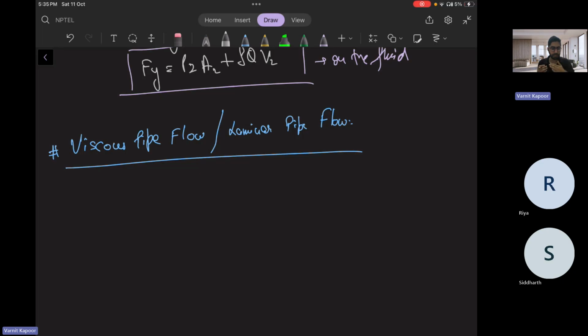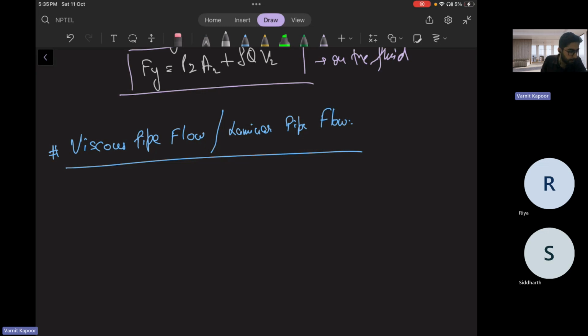There is negligible mixing between the layers in laminar flow. Flow follows Newton's law of viscosity, and head loss due to friction is proportional to the first power of the velocity in the pipe flow. So we'll see all this head loss, friction, everything.